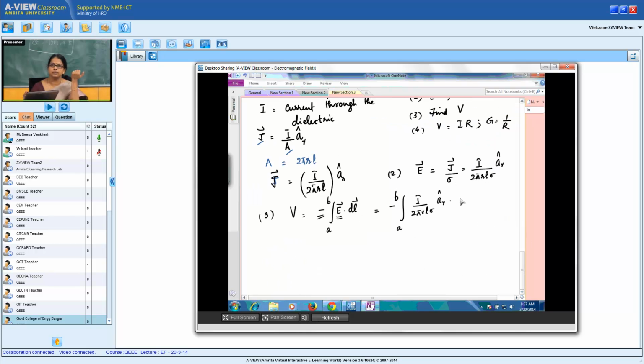So the path that I am taking is actually dr AR. So this would be I over 2 pi L sigma, integral A to B of dr over r, which gives I over 2 pi L sigma ln of b over a. This is my potential.